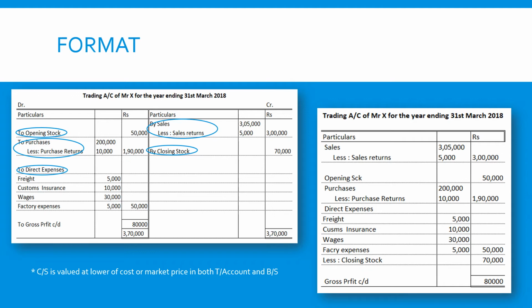We have the same items here, but the lines appear different and the numbers look different because the shape and presentation are different, but everything remains the same on both sides. It is only a difference in how you show this, either in the traditional T shape or in the vertical format of modern accounting.